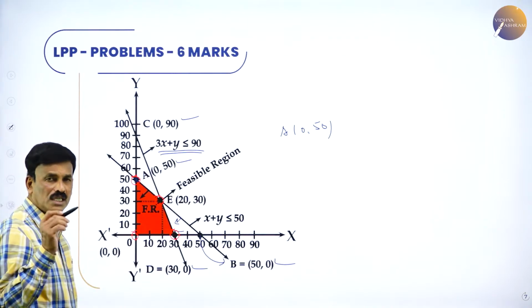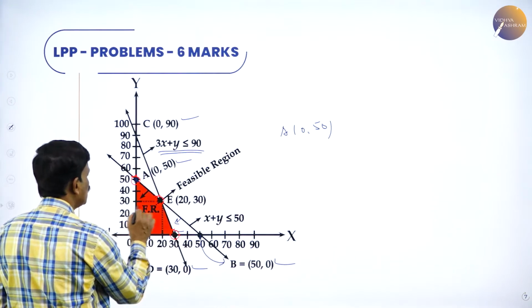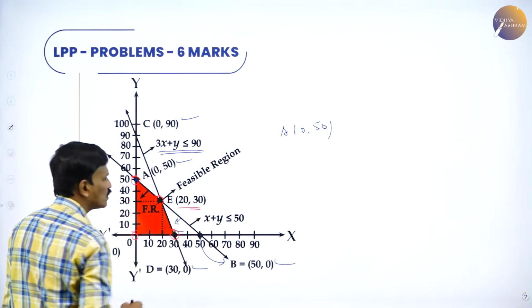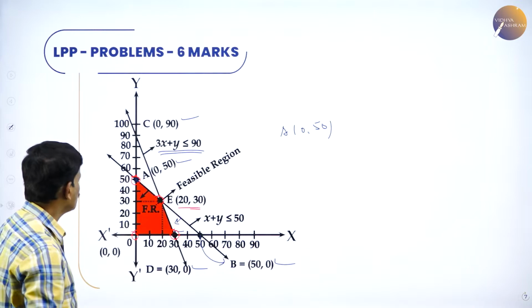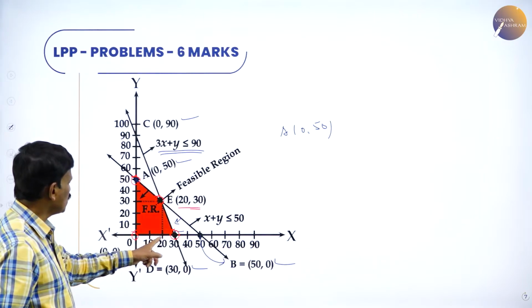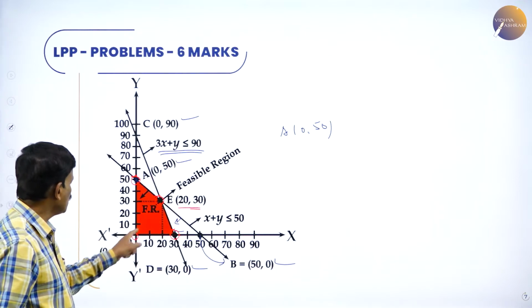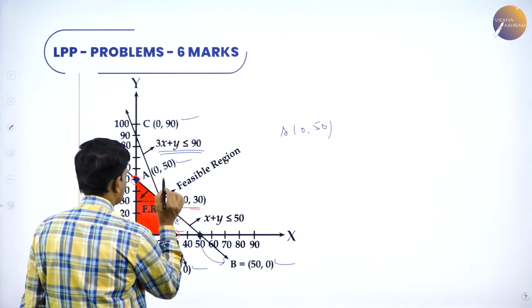On the graph sheet, x is 20 and y is 30, so the intersecting point is 20 comma 30. This is the point of intersection.